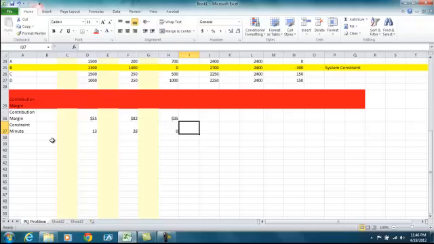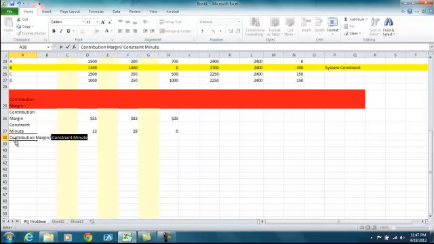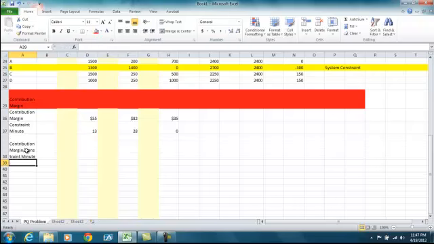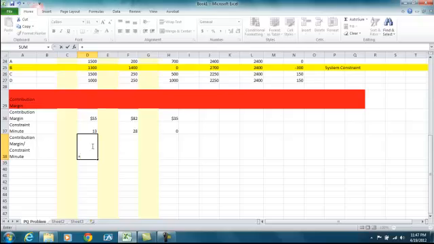So now what we need to do is actually do the calculation of contribution margin per constraint minute. Okay, so that's a fairly easy calculation.